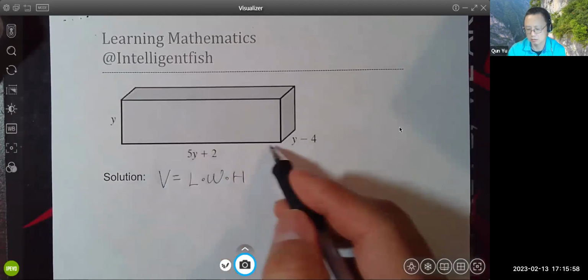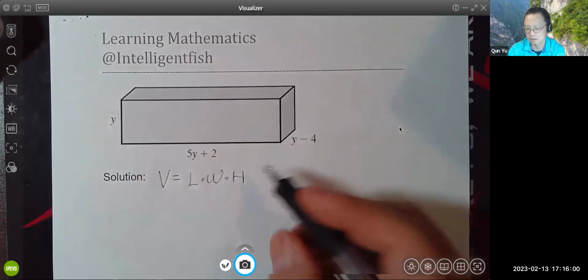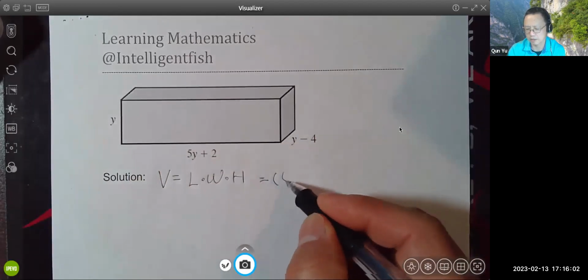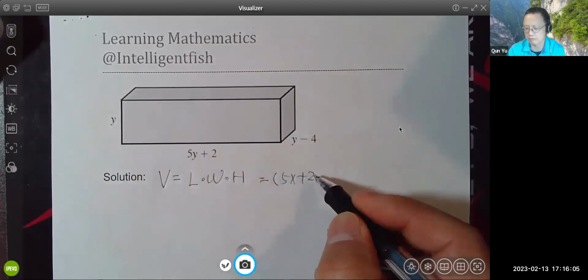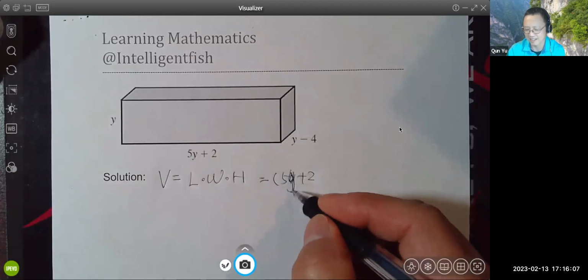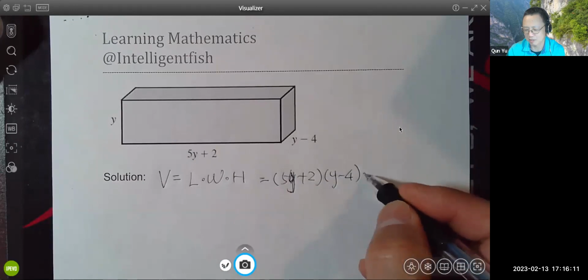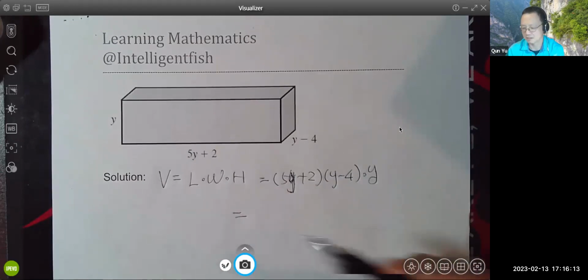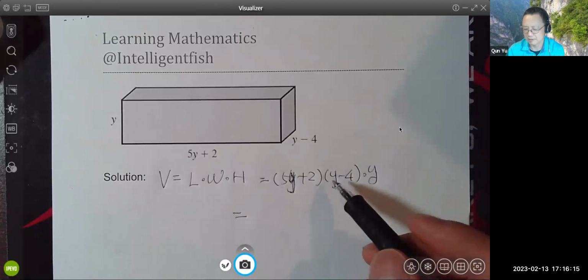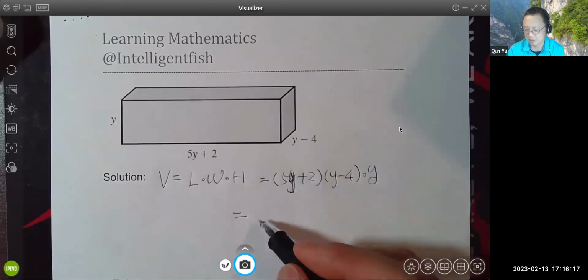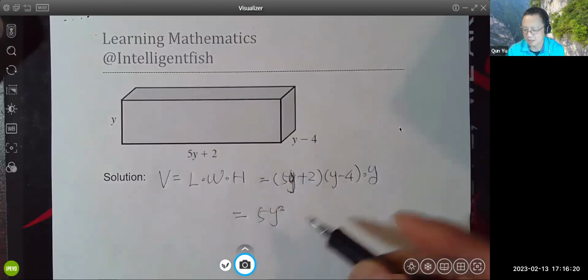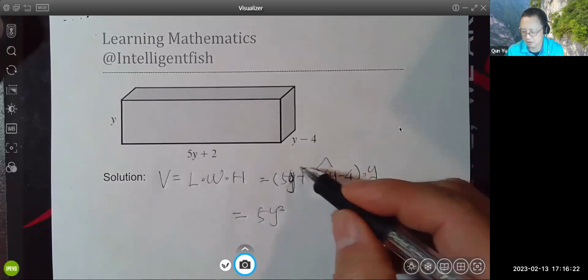Length, width, height. So equals 5y plus 2, y minus 4, and times y. Okay, let's do it a little bit faster. Y times y terms, that's the y squared term. And these two terms give you the middle term.